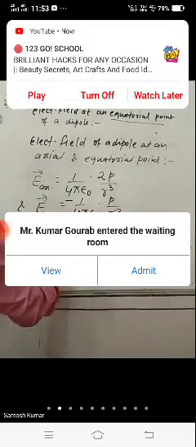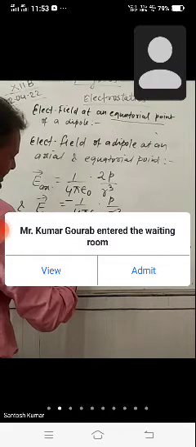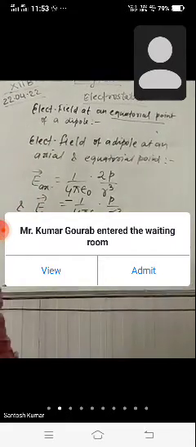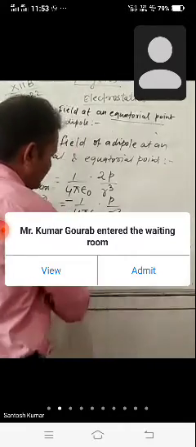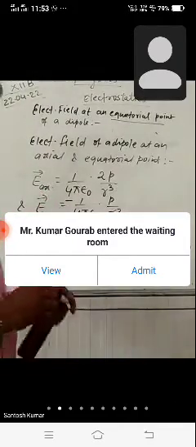So you can write E axial is equal to twice of E equatorial, we are just comparing. This is the relationship on the basis of the values we have obtained.